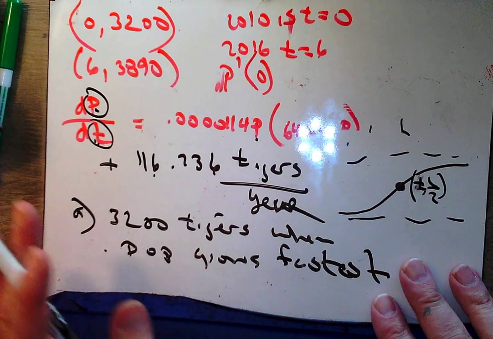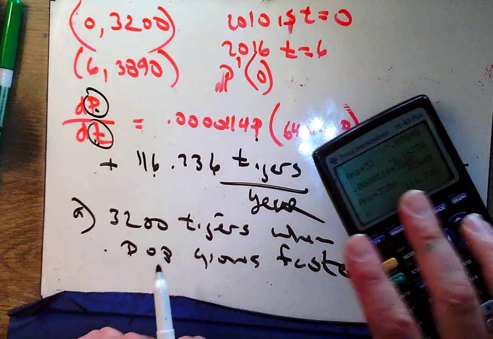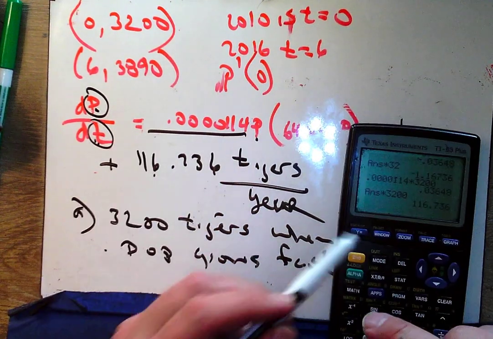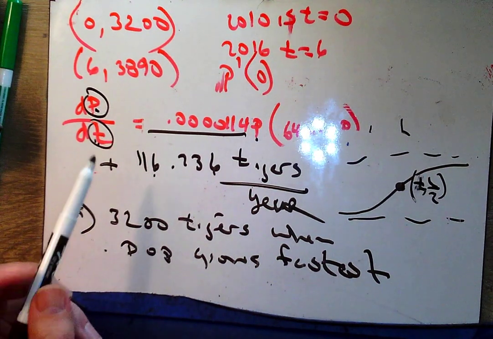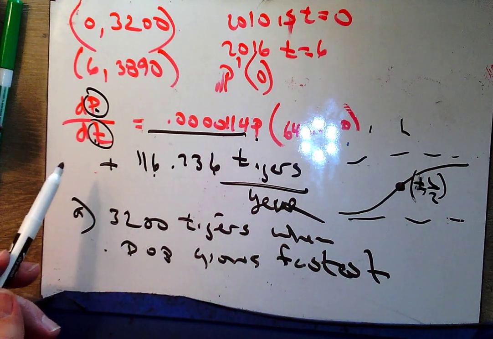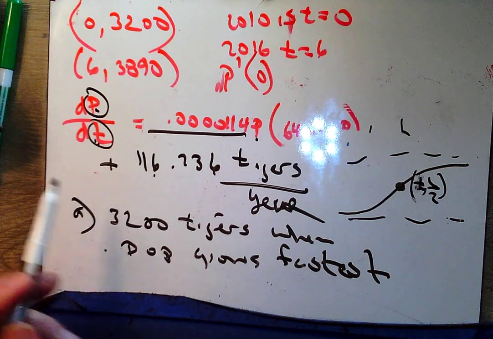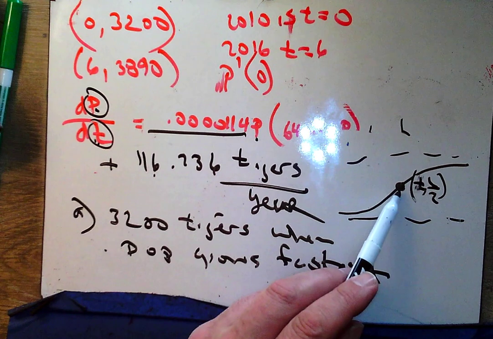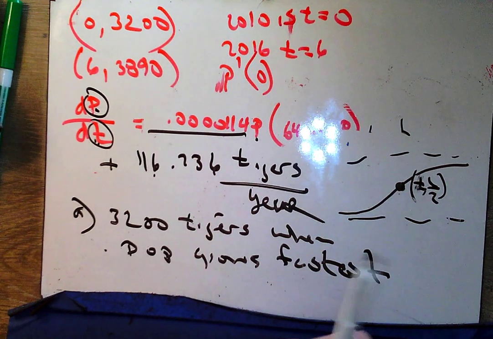We could also, though, since this is the inflection point, pull out our calculator. We know this is a calculator question. We pull out our calculator and do P of t in y1, P prime in y2, P double prime in y3, and look for this x-intercept in y sub 3. Okay.